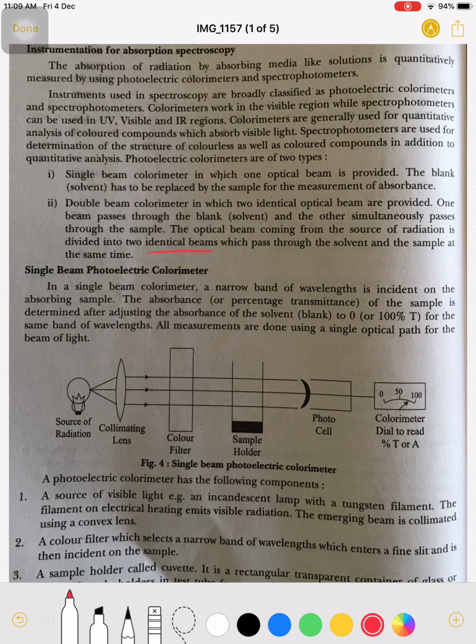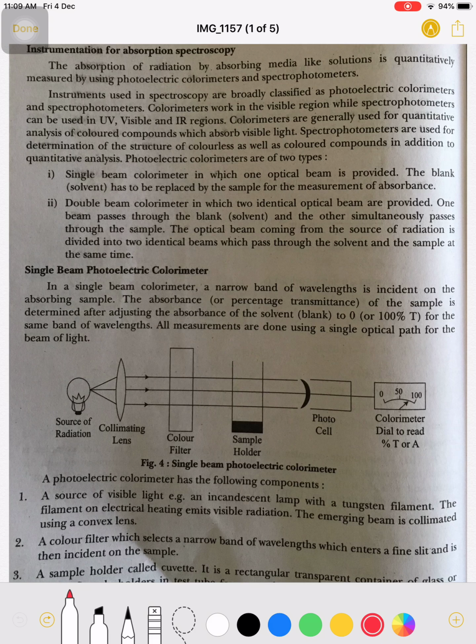So this is the major difference between the single beam colorimeter and the double beam colorimeter.